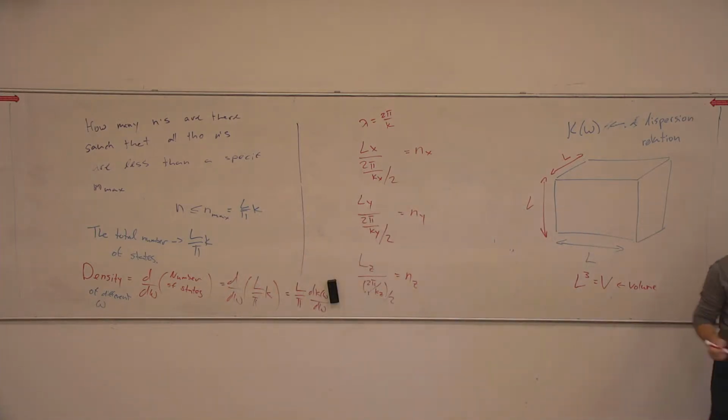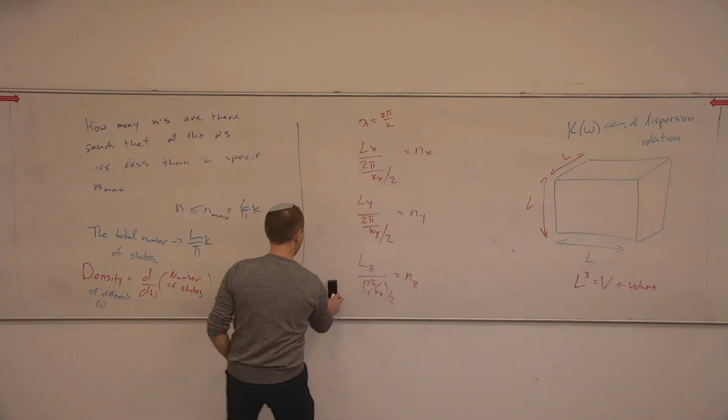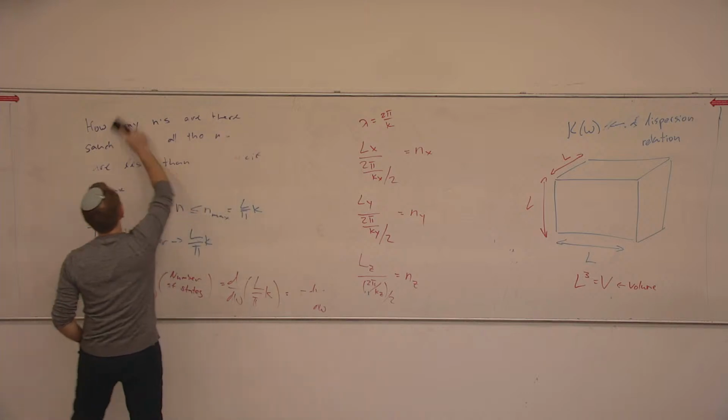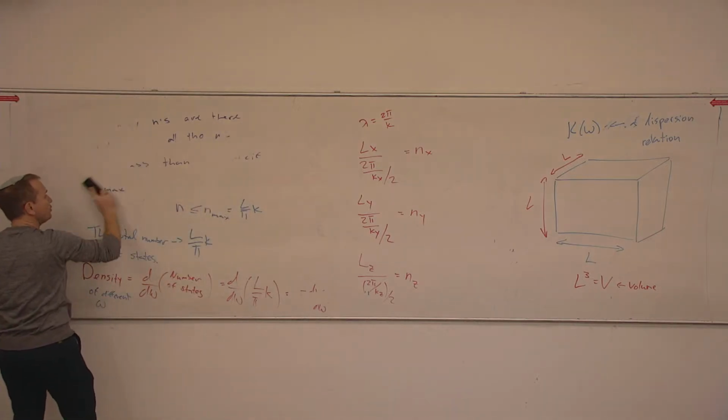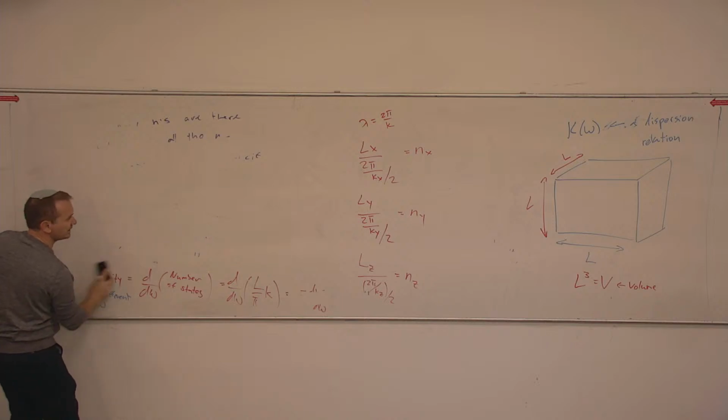Or I can say the following thing. Out of those three equations, let's write down the vector form of kx, ky, and kz.